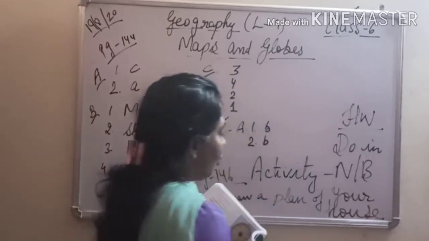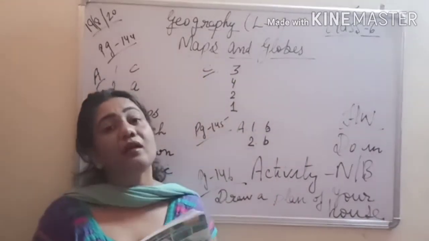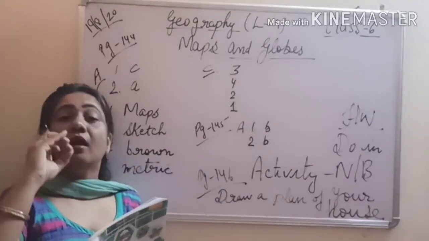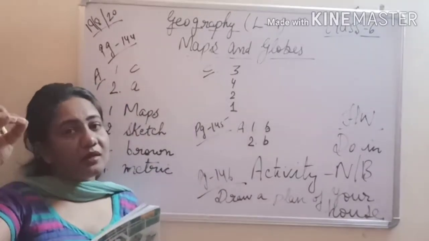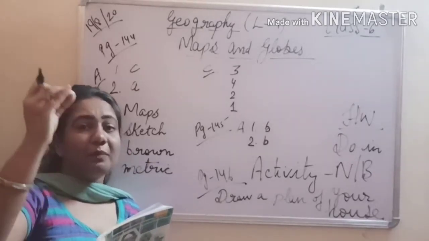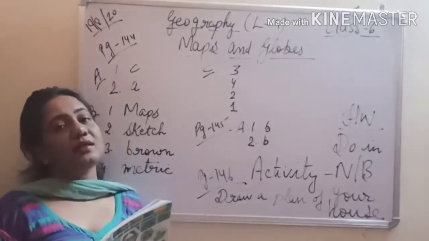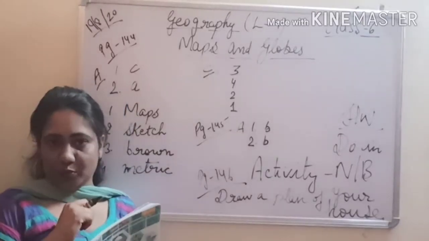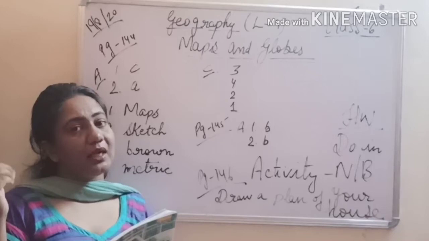So I want you to draw a proper plan of your house in your SST notebooks. You will show me where is your bedroom, where is your kitchen, if you have a garden, porch area, ramp, proper parking space, whatever is there.